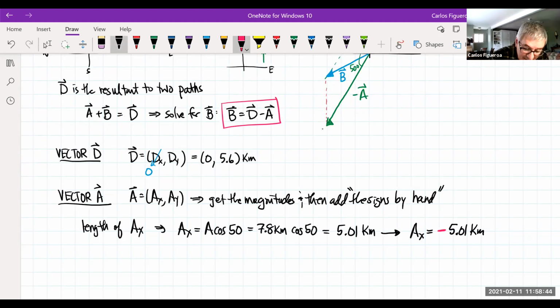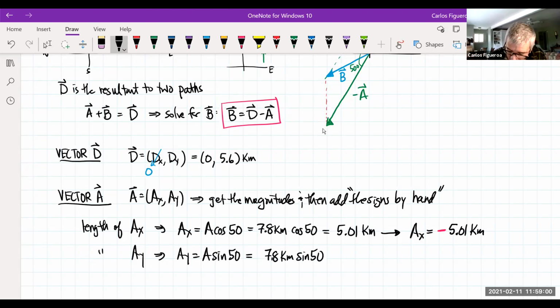Then I do the exact same thing for AY. AY will be A sine of 50. So I'm going to get 7.8 sine of 50. What's the length of this vector? 5.98 kilometers. Which quadrant is that vector in? The third quadrant.